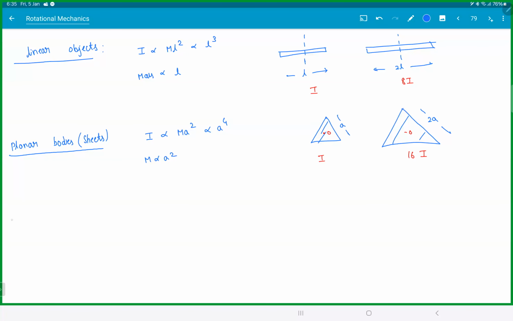If you take 3D bodies, I will be proportional to mL square, m will be proportional to L cube. This will be L power 5. Means if you take a sphere of R and a sphere of 2R, if this moment of inertia is I, this will be 32I. Clear? So depending on the type of body, the moment of inertia will change with the dimensions: a cube, a power 4, a power 5.